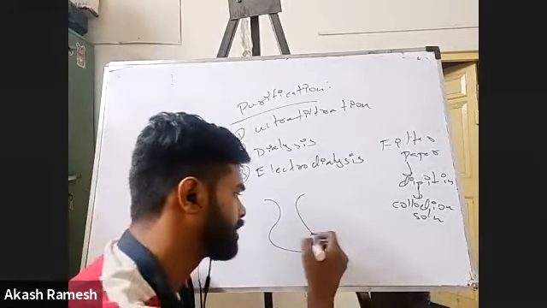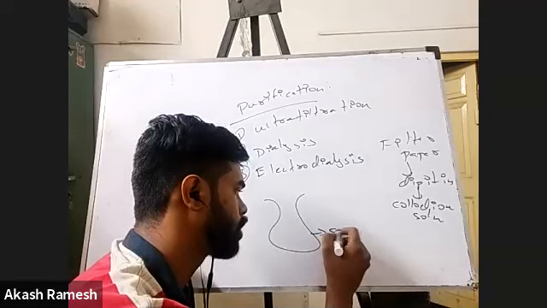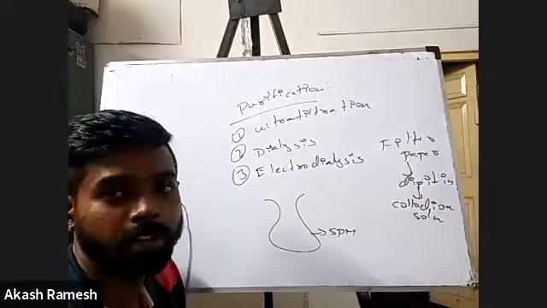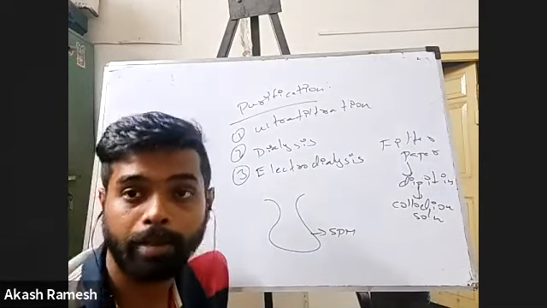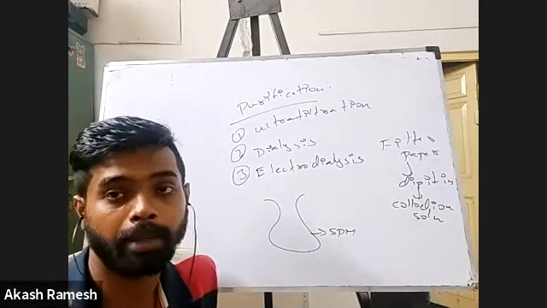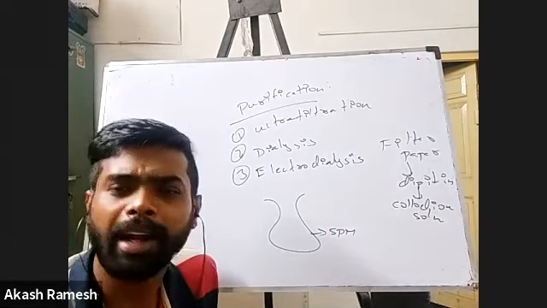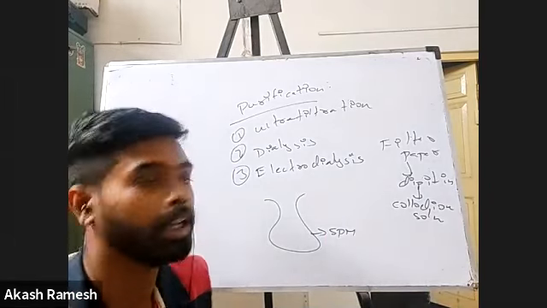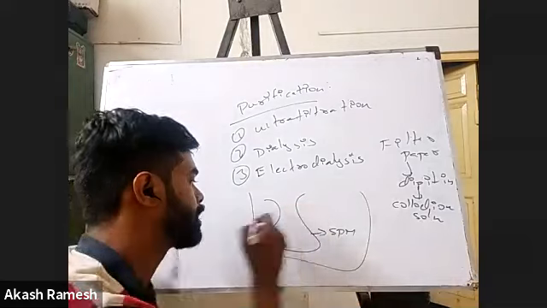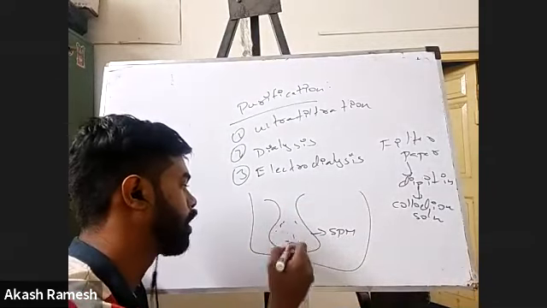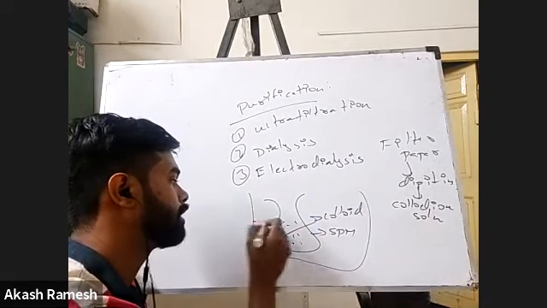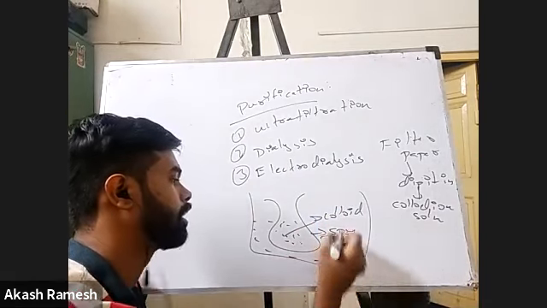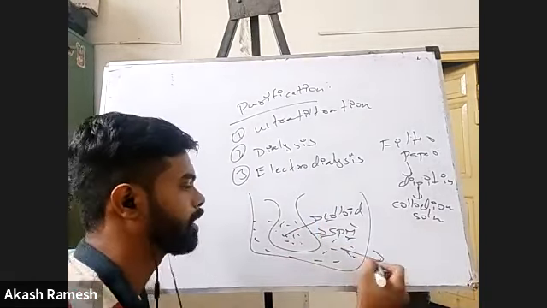Please understand this is going to be a semi-permeable membrane, which can be made of sheep's bladder or nitrocellulose, anything semi-permeable. This contains the colloid, and then this is put in another bigger vessel, which is going to contain, say, water.